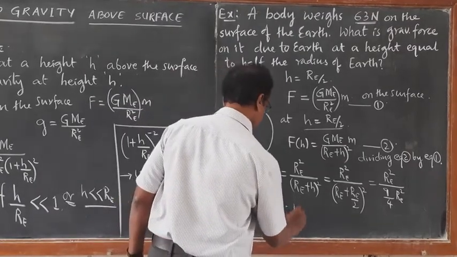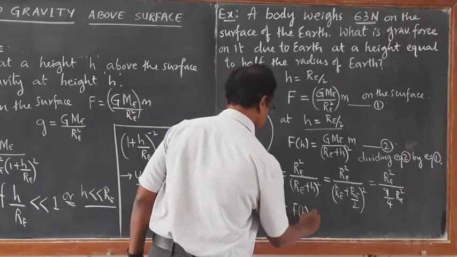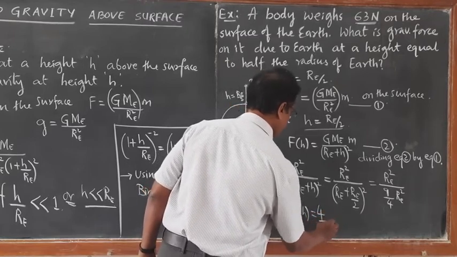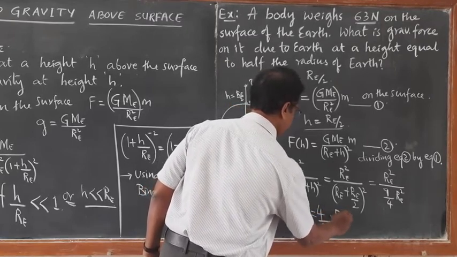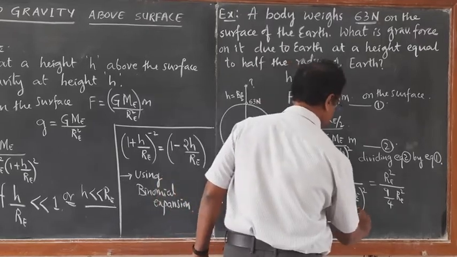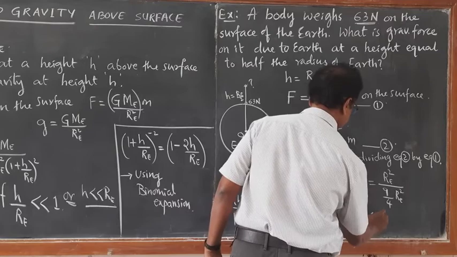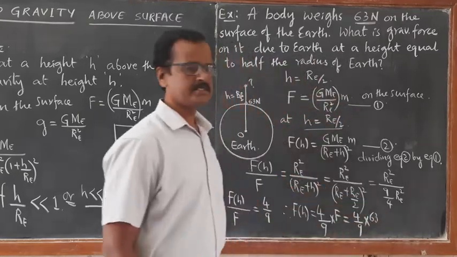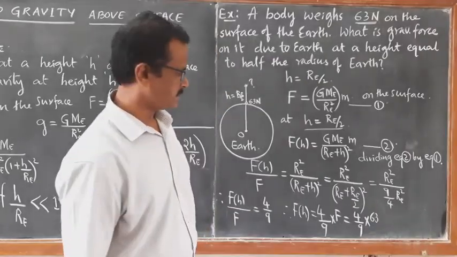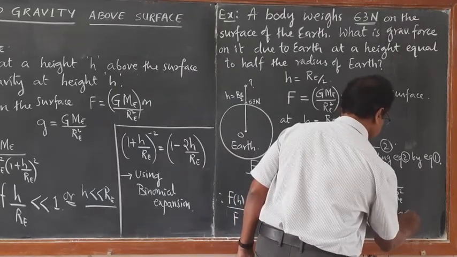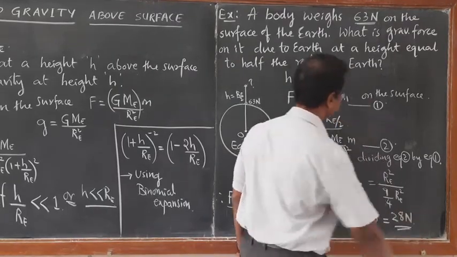Therefore, Fh is equal to 4 by 9 into F. We just substitute 4 by 9 into 63. 9 sevens are 63, so it becomes 7 times 4, that is 28 Newton.